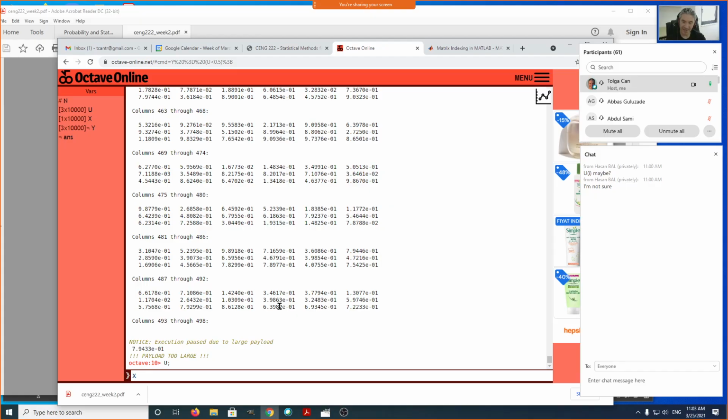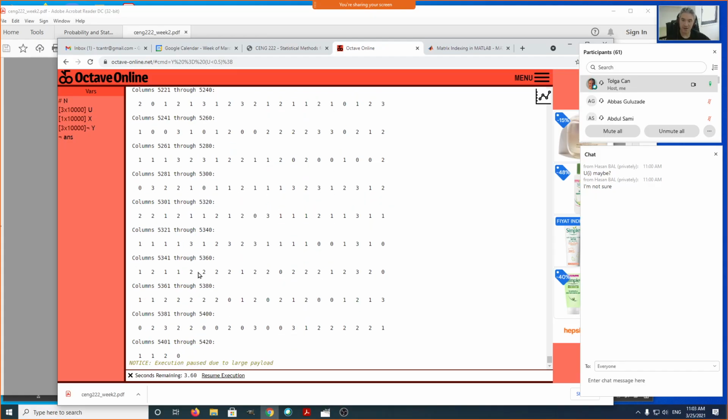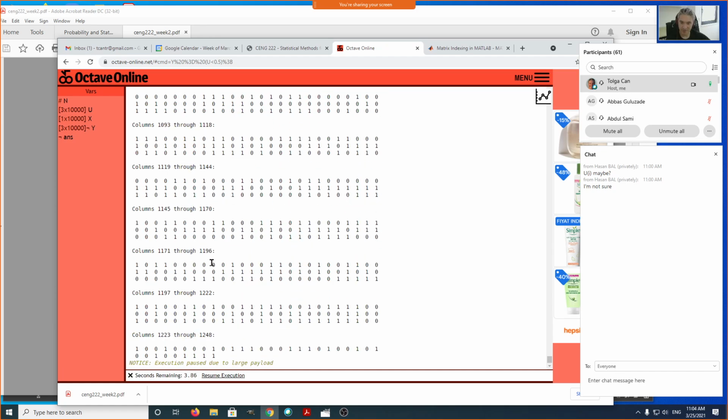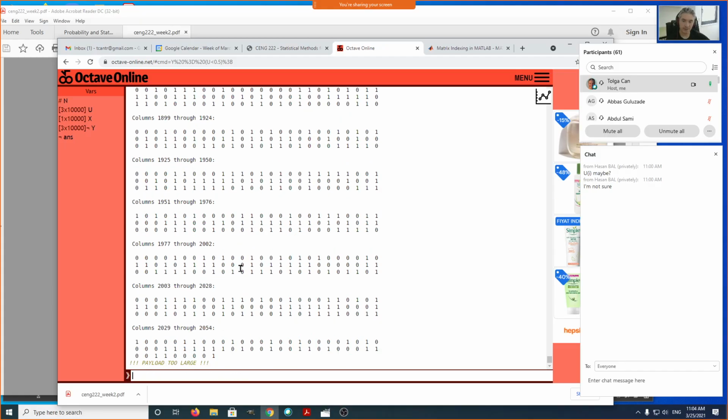So if we display x, as you can see, it takes values 0, 1, 2, 3. This is our random variable. It's the summation of those. If you look at y, it's just the 3 coin tosses. Every column you see here is an experiment: I toss the coin 3 times, heads, heads, tails, and so on.